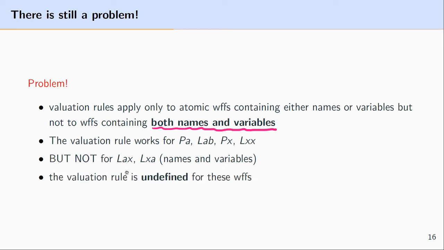So the valuation rule here is still undefined, and we would really like to fix this. What we would like is for the valuation function to take either an open or closed formula, with or without any combination of variables or names, and tell us whether it's true or false relative to the model and the variable assignment. So let's solve this problem.